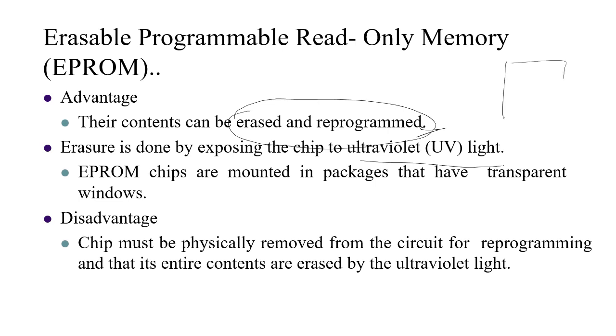The memory will have a quartz window through which you need to pass UV rays for a specific duration, which will make the transistor present at the T region get back into the default mode.